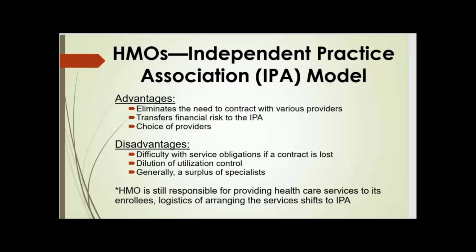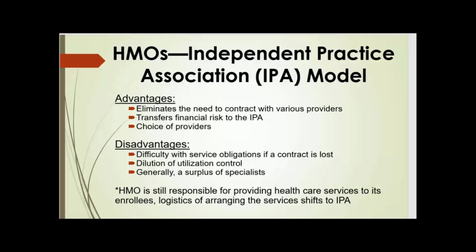Disadvantages. The major disadvantage of the IPA model is that if the contract is lost, the HMO loses a large number of participating physicians. The IPA does not have as much leverage in changing physician practice behavior as a staff or group model HMO has.